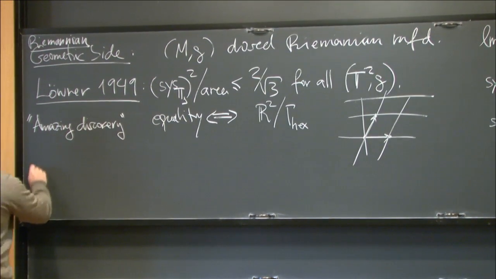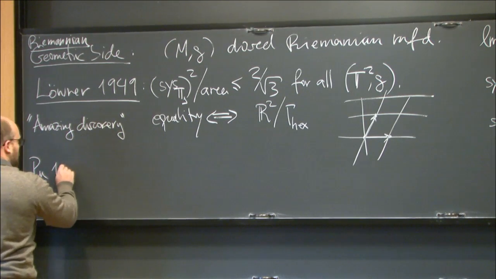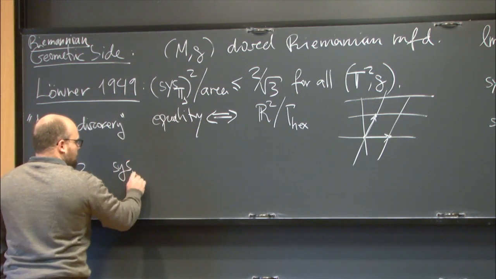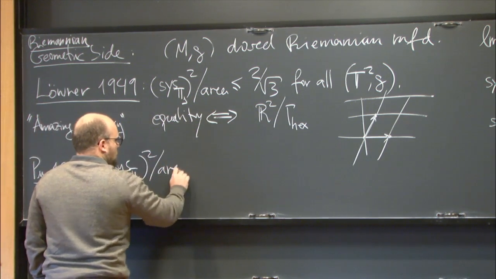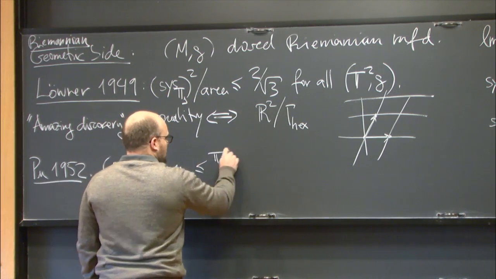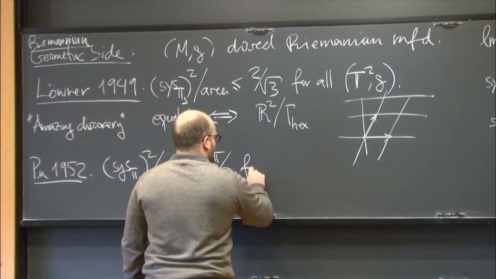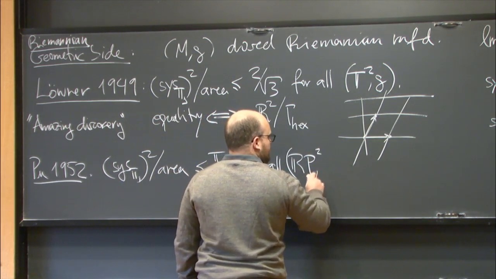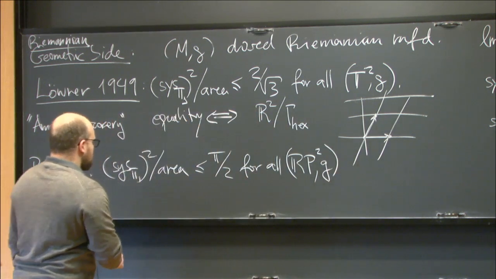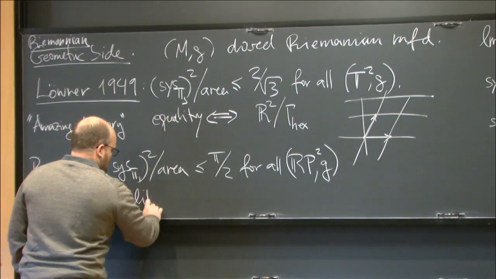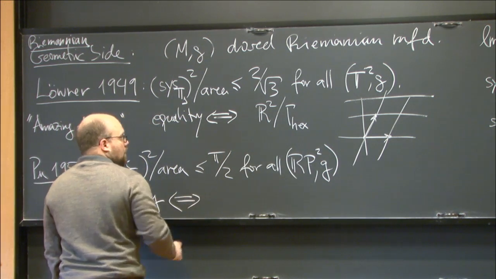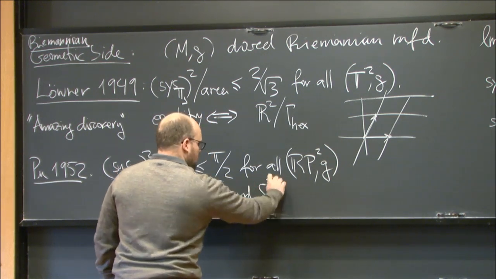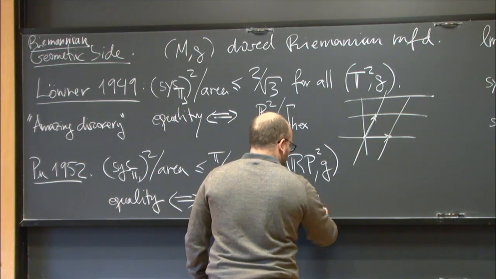The second fundamental result is that of Pu, asserting that Csπ1 squared divided by the area is less than or equal to π over 2 for all metrics on the projective plane, with equality if and only if we're talking about the round S2 divided by plus or minus 1.